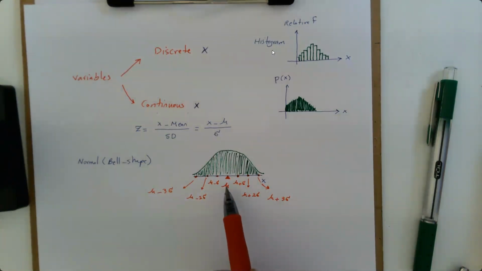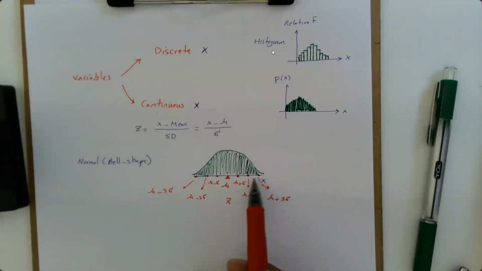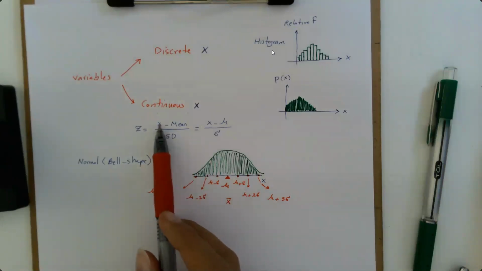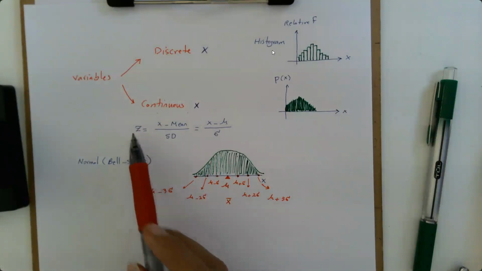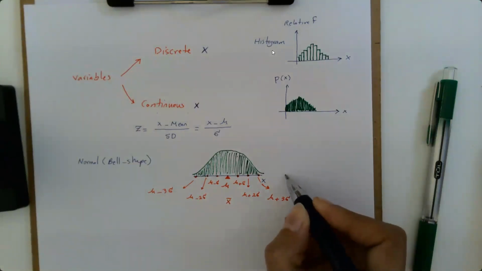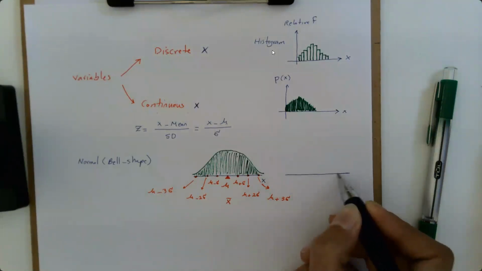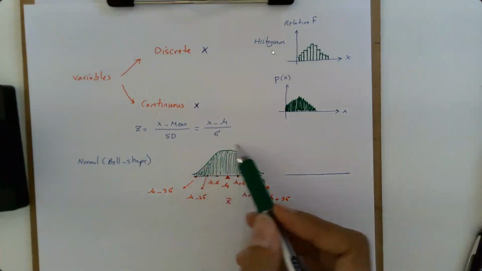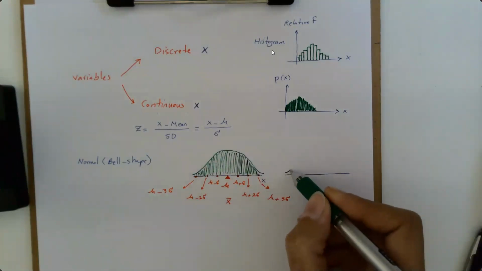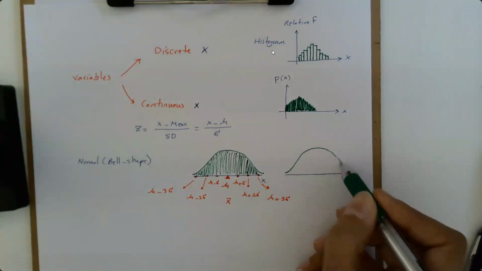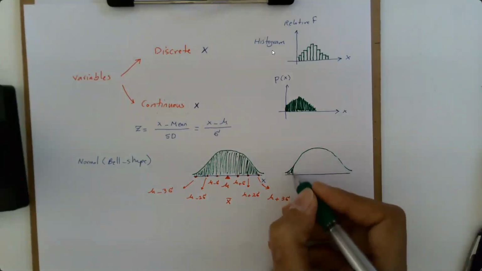Remember that you can take each X value on the horizontal axis and convert that into Z. Well, if you convert that into Z, you're going to get the same horizontal axis, the same normal distribution, with the same bars.